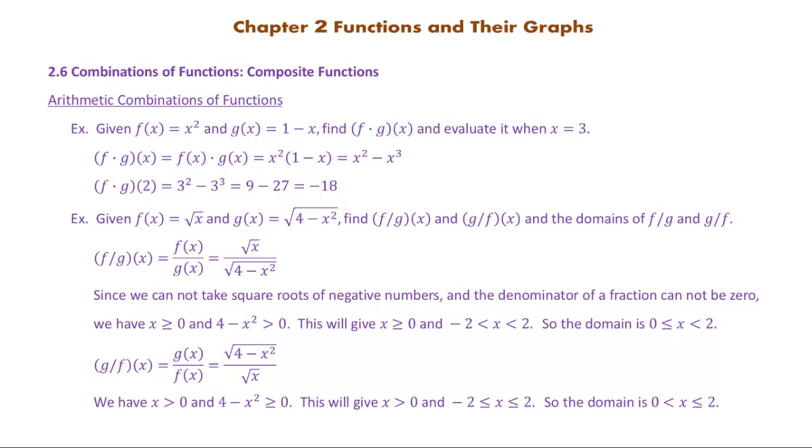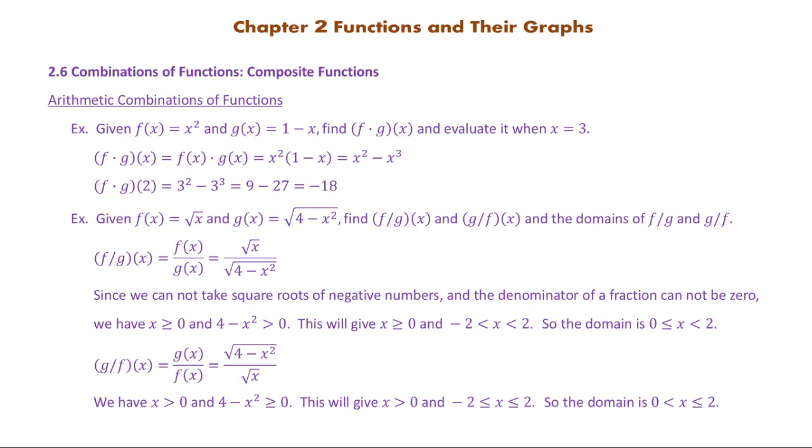Okay, and then again, x greater than 0 is just itself, and 4 minus x squared greater than or equal to 0, if you solve it, you're going to get x between negative 2 and 2, including both negative 2 and 2. So that's x greater than or equal to negative 2 and less than or equal to 2. And then you take the intersection of these two sets, x greater than 0 and x greater than or equal to negative 2 and less than or equal to 2.